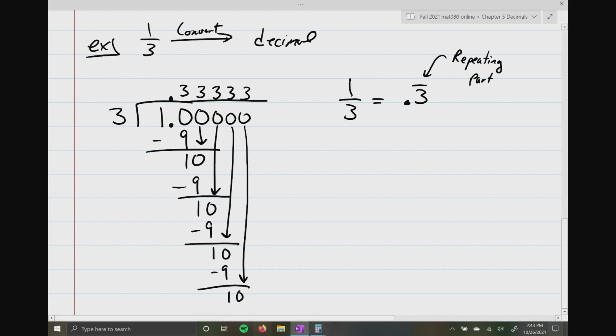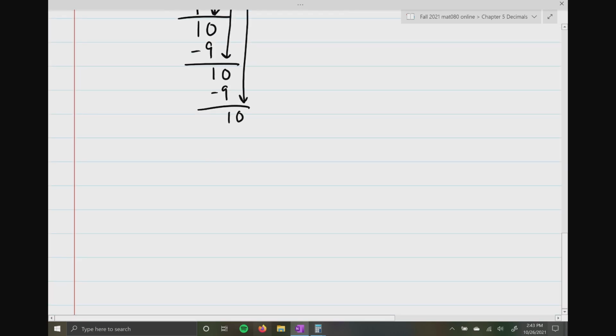All right? Now, I want to be really specific with this. Okay? And that's because that bar only goes over the repeating part. That's it. So let's look at another example here. We're going to convert 27 over 11 into a decimal. So everything stays the same.